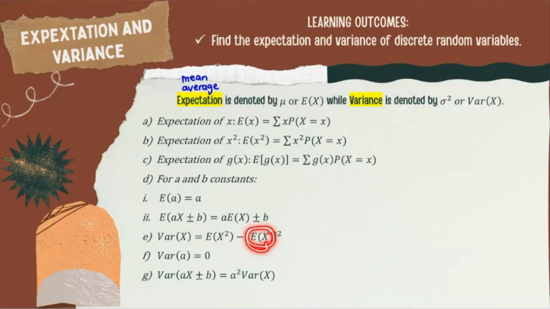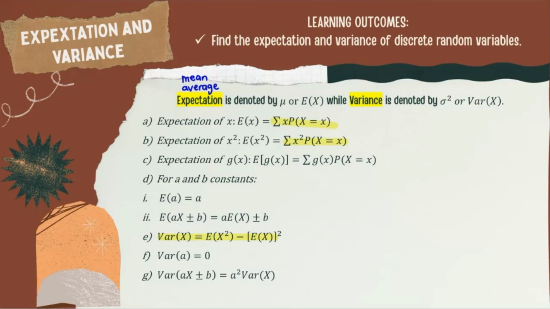So the formula will be E of X squared minus E of X, squared. Okay, so these are the important formulas for getting the expectation and variance.